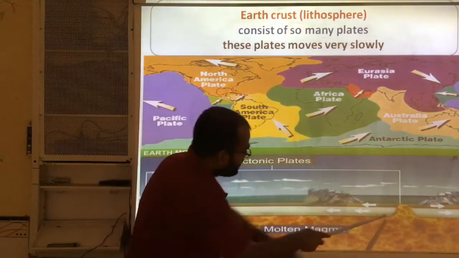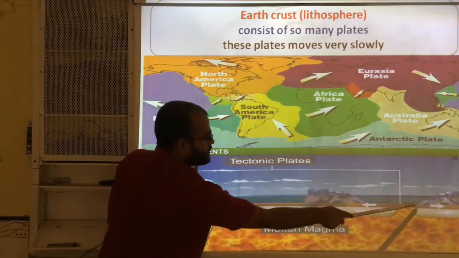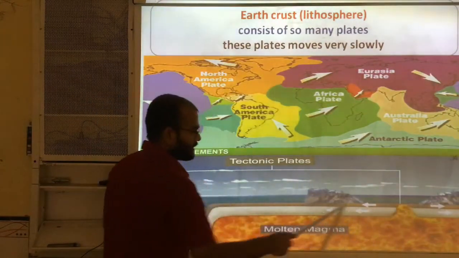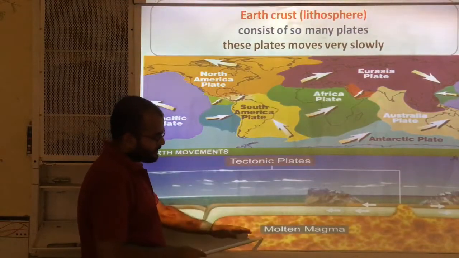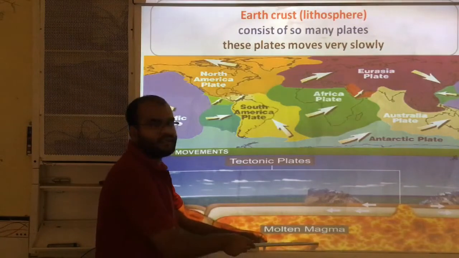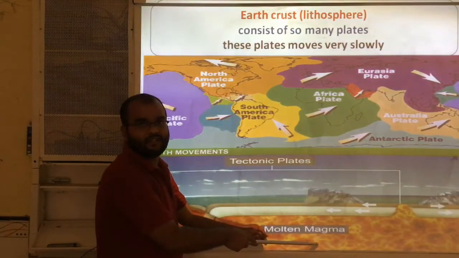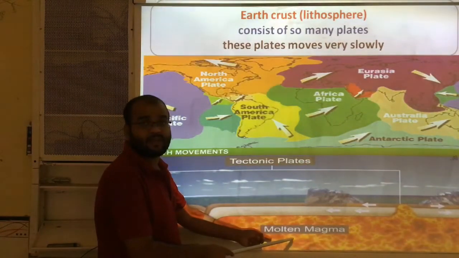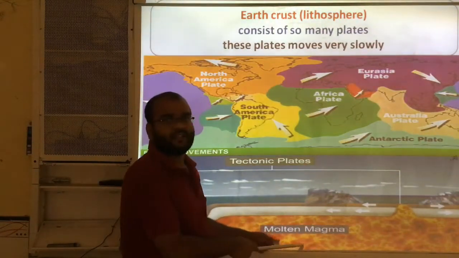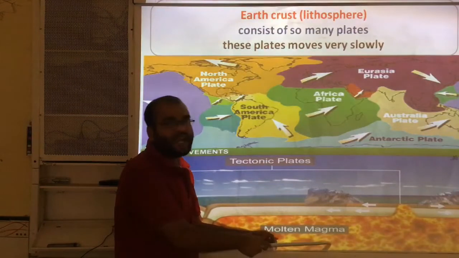You can observe this total earth crust, and under that we can find molten magma. This is present in the mantle layer. In this mantle layer, molten magma will be present.